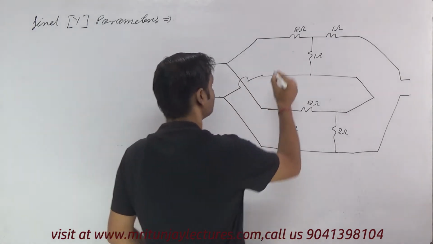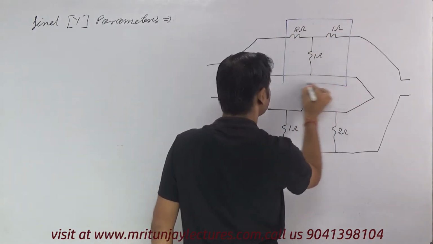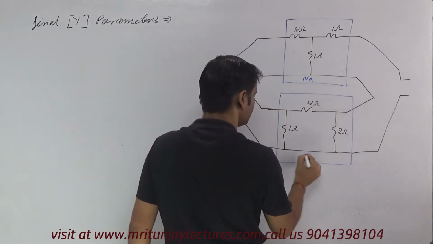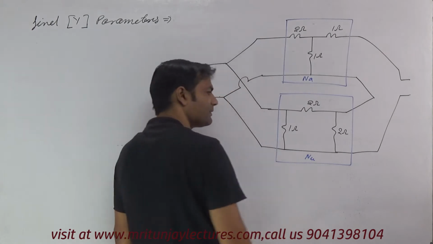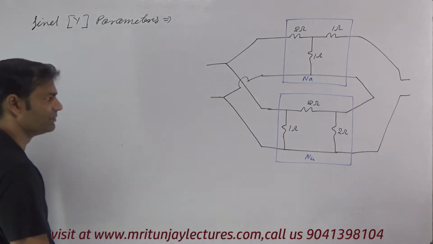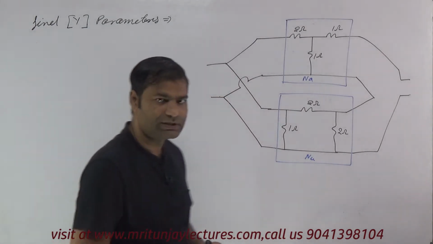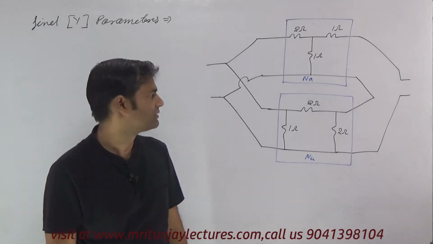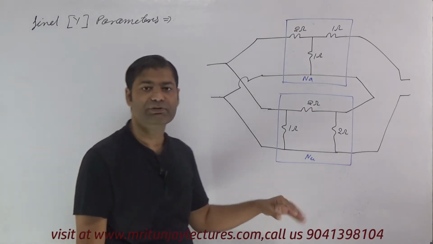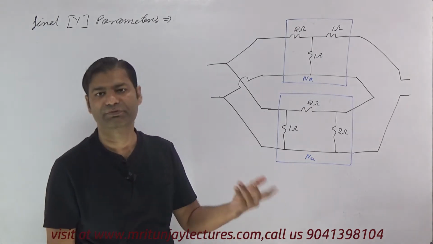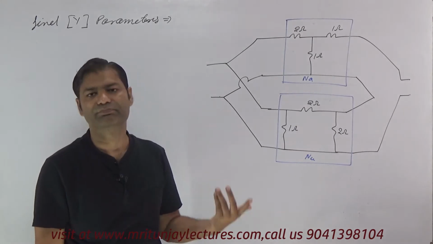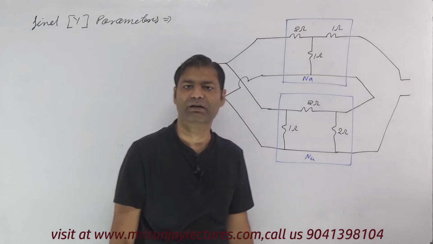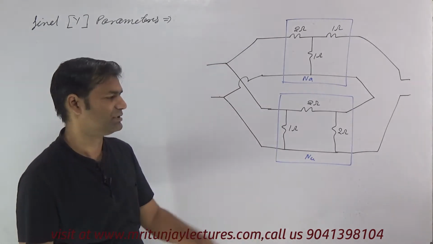Suppose this is network NA and this is network NB. With the help of the interconnection method we can solve it. First of all, recheck which type of interconnection it is. Is it series, series-parallel, both parallel, or one series and one parallel?